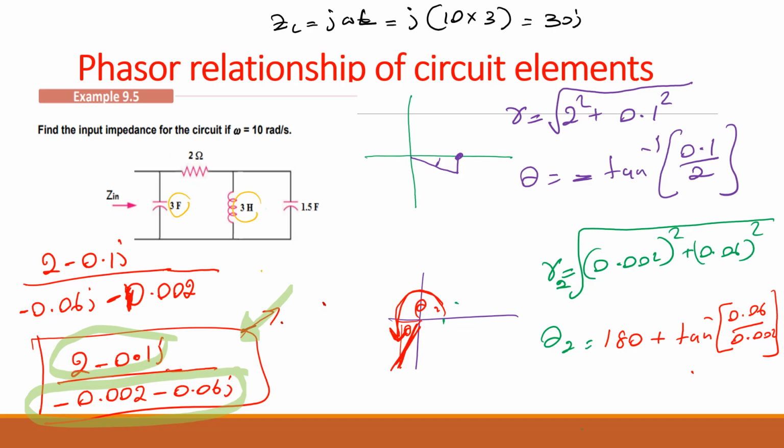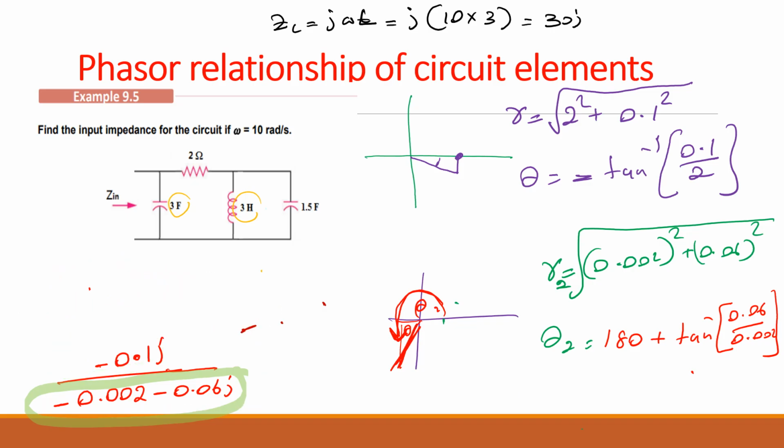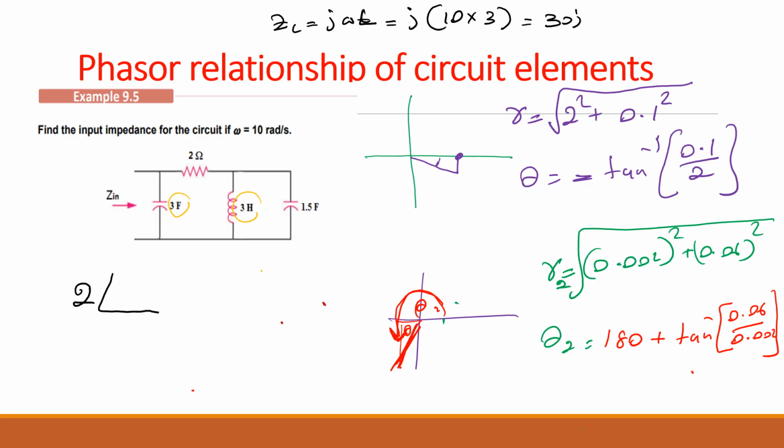Okay, so let's see what you get. So at the numerator, what do you get? R is what? Just 2, yes. And the angle? 3 degrees. Let's take 3, okay? And the denominator is what? 0.06 and 88 degrees.